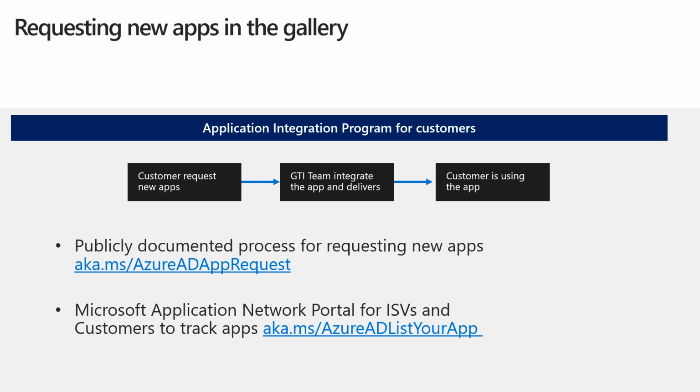For this request, we use the Microsoft Application Network portal for ISVs and customers to track your applications, which can be accessed using the short link aka.ms/AzureADListYourApp. Once you submit your request, you can track its progress, and once the application is available, you will get communication on a timely basis.